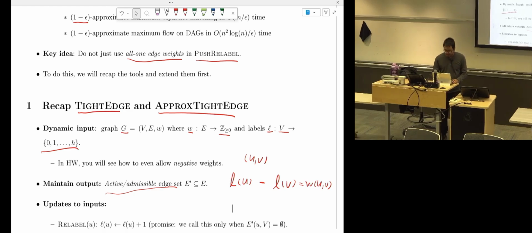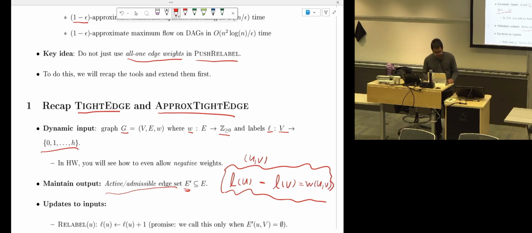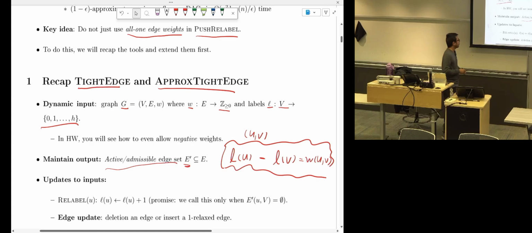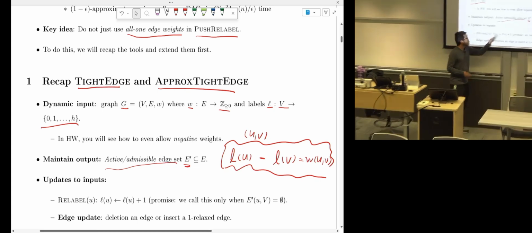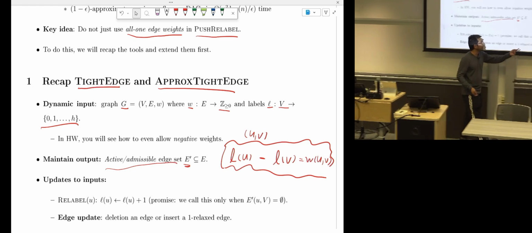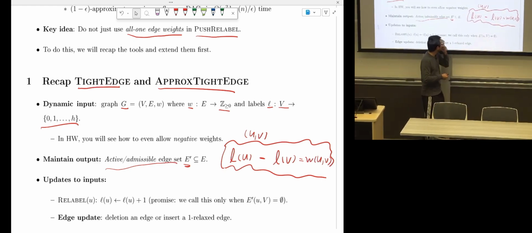We kind of want the active edges to be the edges that are tight. Okay. Now there are updates to the input. You can increase the height, relabel vertices, when this node is not tight with any other vertices.